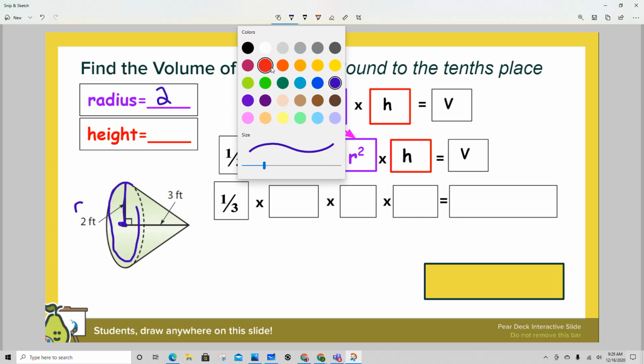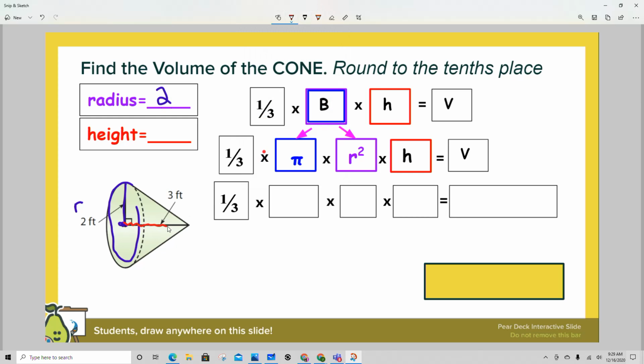So if that's your radius, then that means that this is the height, even though it's on its side. And this is still measured in feet. So we're going to substitute 1/3 times pi times our radius squared times the height, which is 3.